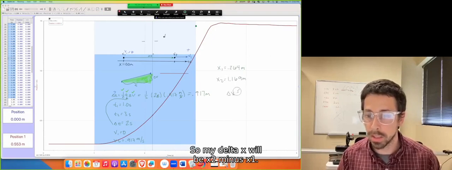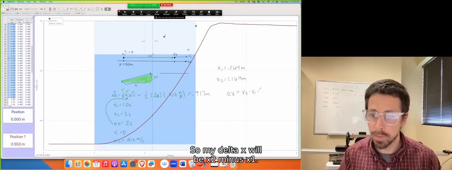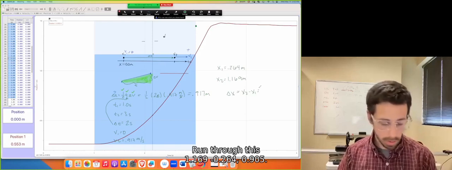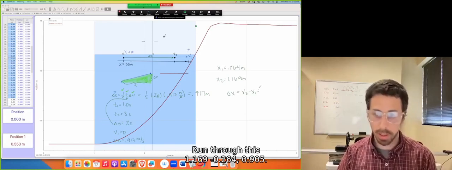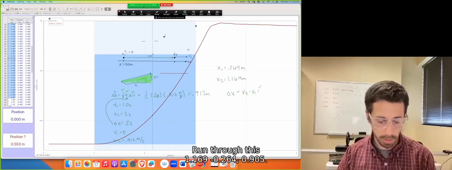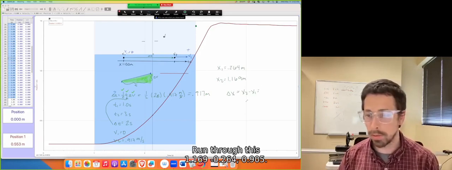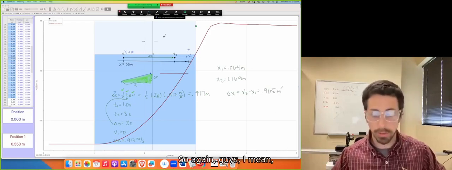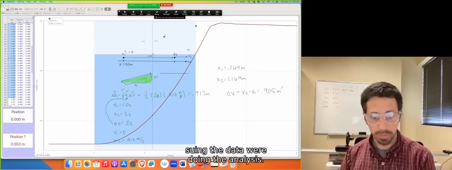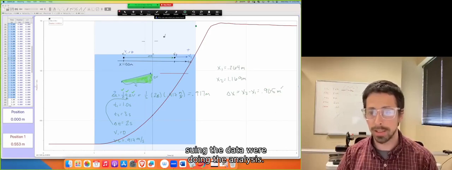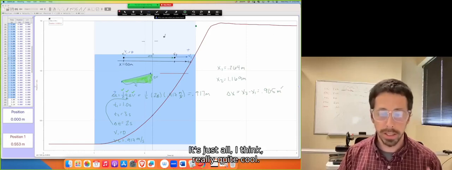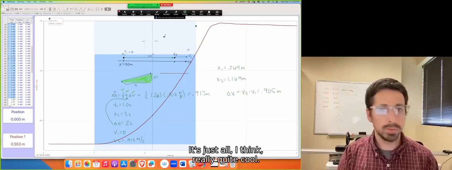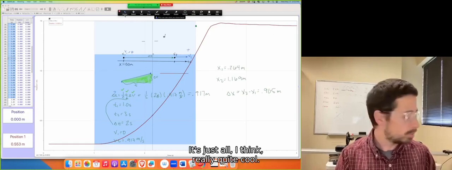So my delta x will be x2 minus x1. 1.169 minus 0.264 equals 0.905. Right? So again, guys, doing the data, we're doing the analysis, it's all right here. I think it's really quite cool.